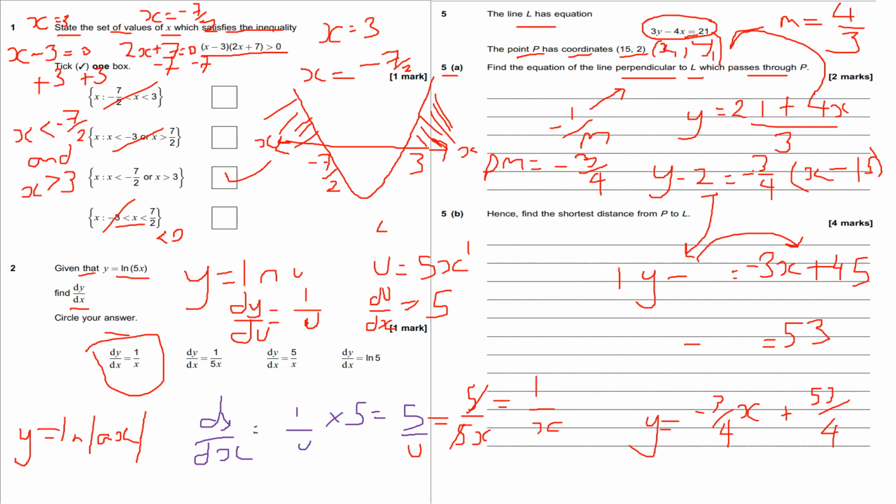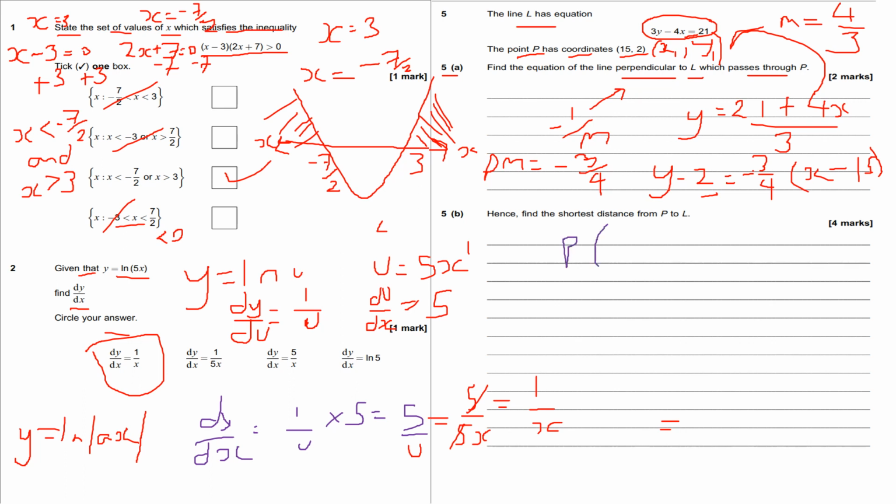Okay, so part B here is a bit more tricky, this one. It says, hence find the shortest distance from P to L. So P has the coordinates 15, 2. And the equation of line L is 3y minus 4x equals 21.